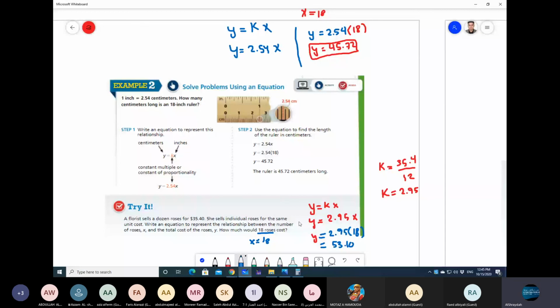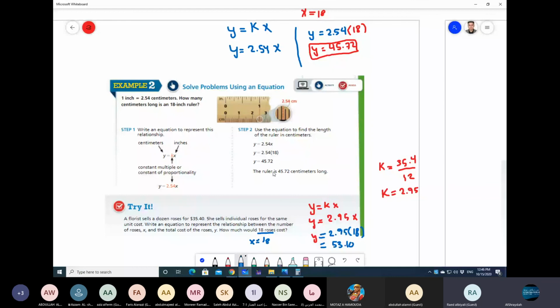Okay, do you have any questions about it? It's very important to know how to find the constant multiple, or constant of proportionality. Then you can substitute it in the equation that represents the relationship between the two quantities x and y. Then you can use the equation to find the value of the unknown variable.